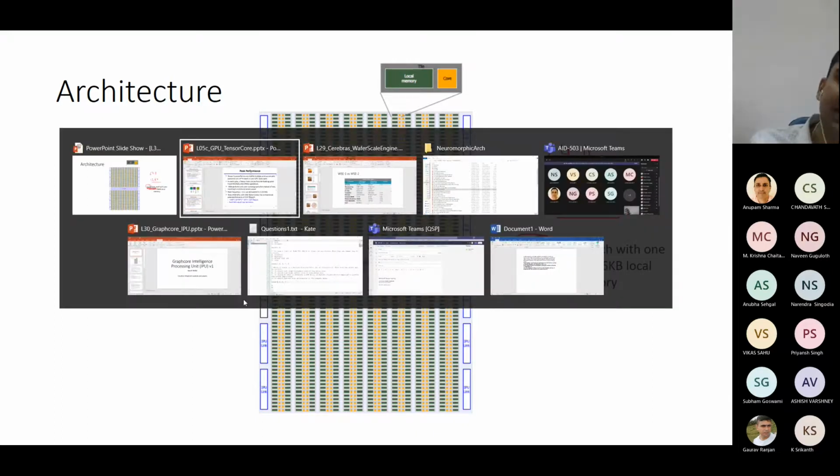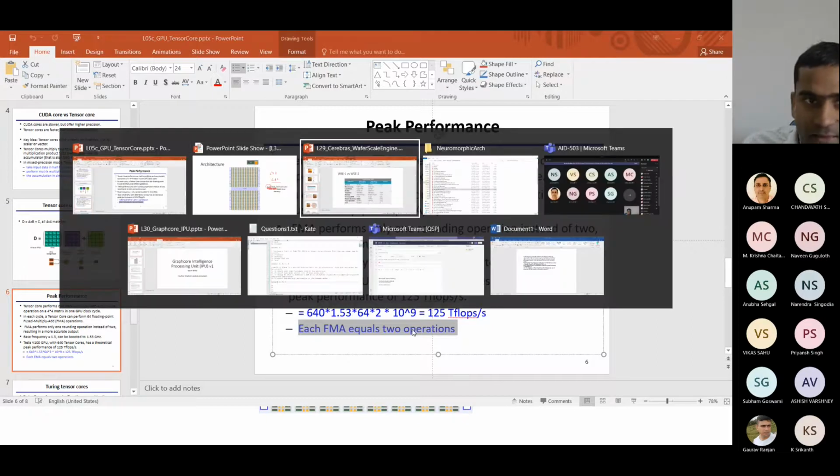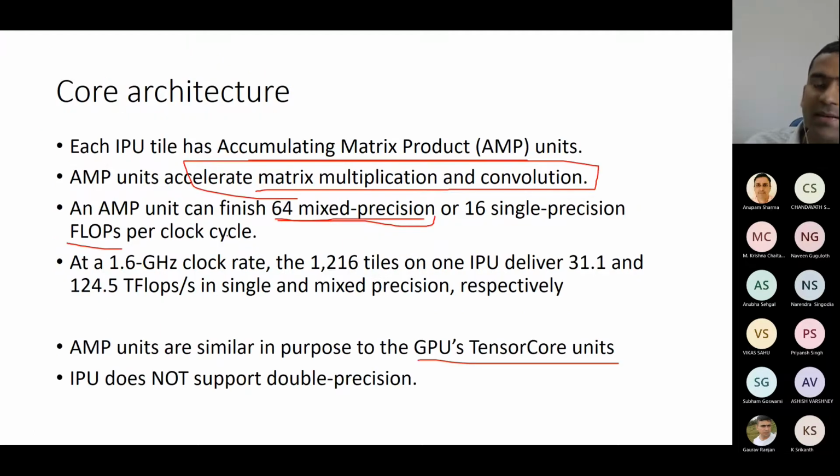However, the difference is that here we are talking about 64 FMA operations, and FMA equals 2 operations. Whereas in the IPU it only performs 64 flops. It doesn't say 64 FMA operations. Is it clear?